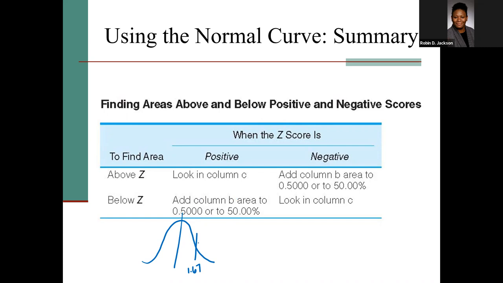So you need to find this area, which is the area between the mean and the Z. You take this area and add it to 0.500, because remember, 0.500 is all of this. That right there is the area in column B.